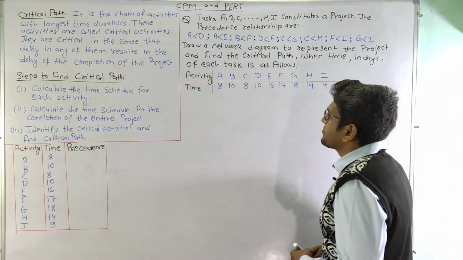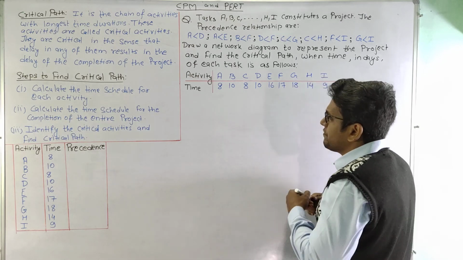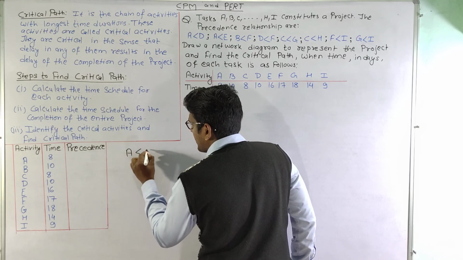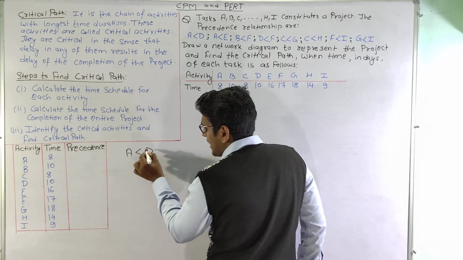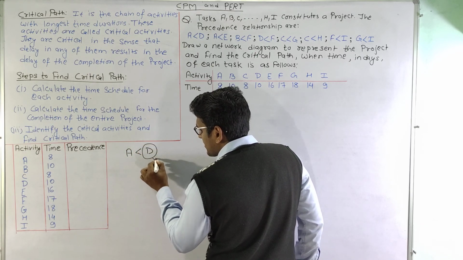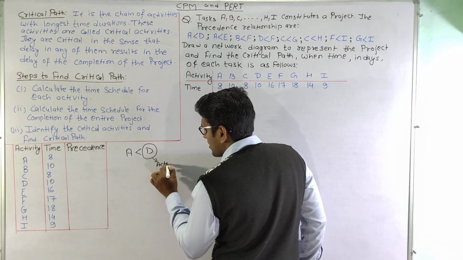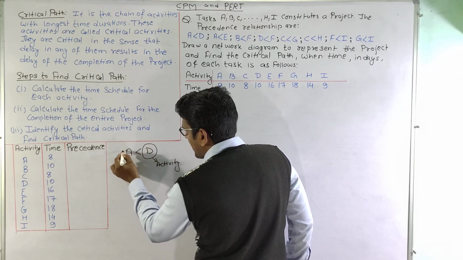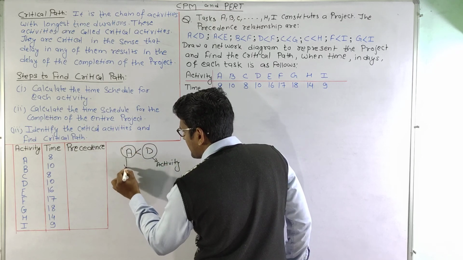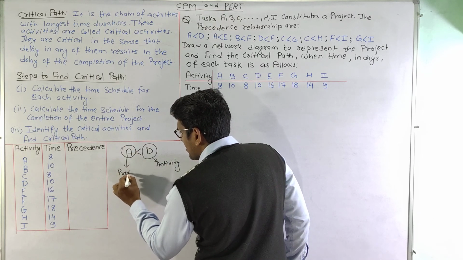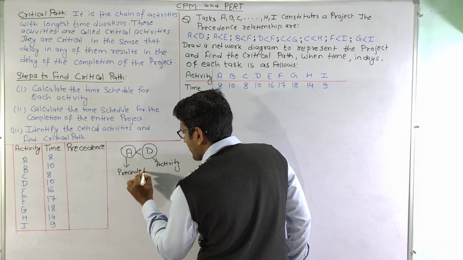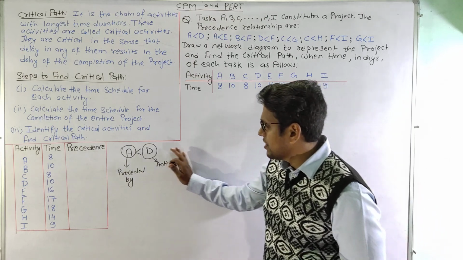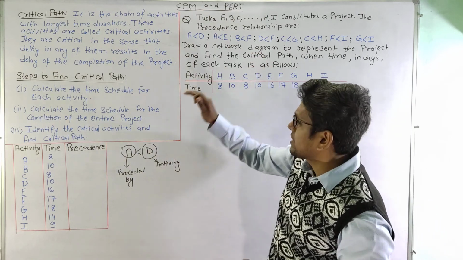So let us see. We have already discussed that if it has been written as A greater than D, this means that this is activity D, and this activity is preceded by activity A. So from this we need to convert this into tabular form.